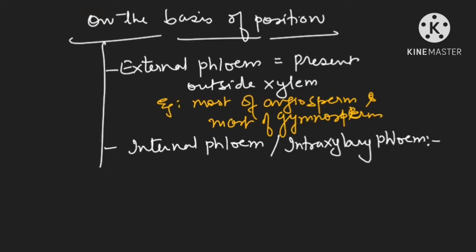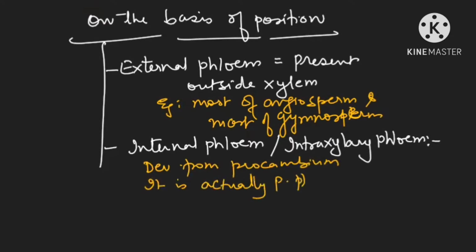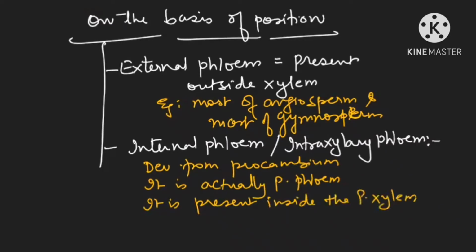It is developing from procambium. It is actually primary phloem only, but one thing we have to remember, it is present inside the primary xylem. An example is the bicollateral vascular bundle.